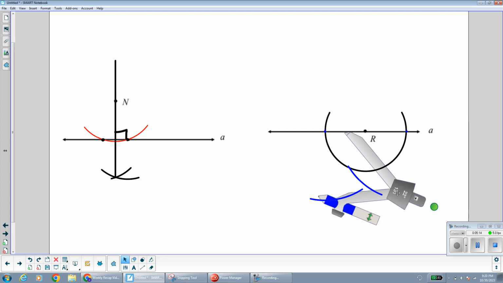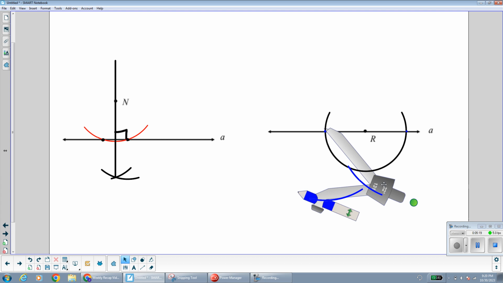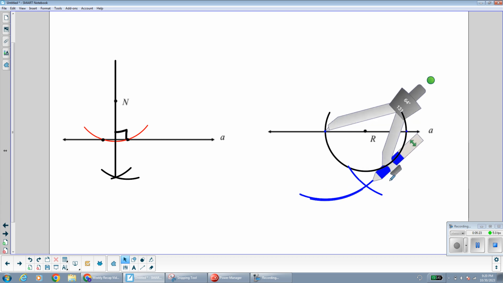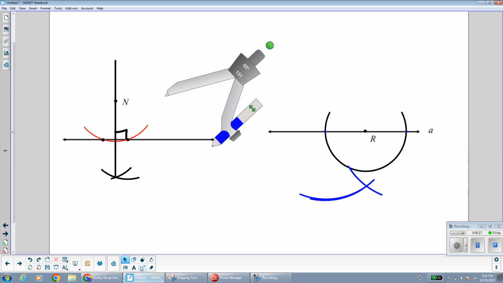And my first one wasn't long enough, so I'm going to go back over to the first intersection point and just continue my arc a little bit. Right through the intersection, I'm going to make my perpendicular line, and it should come really, really close to passing right through point R.